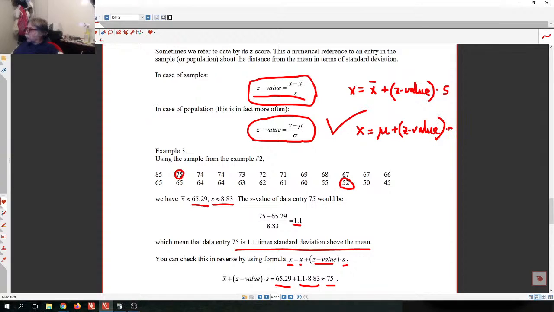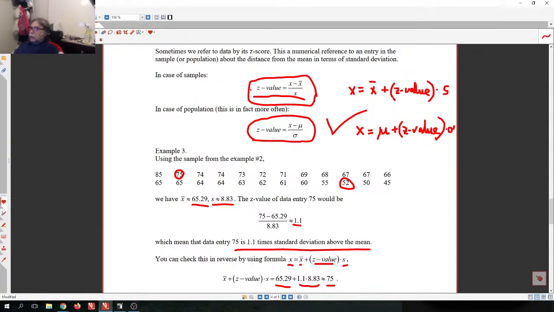You can just simply solve this equation for x. But here it is. Okay, you want to calculate the x value out of z value. You multiply z value times standard deviation, add it to the mean. Now these are the labels for the population, right? Population mean, population standard deviation, and you get the x value.